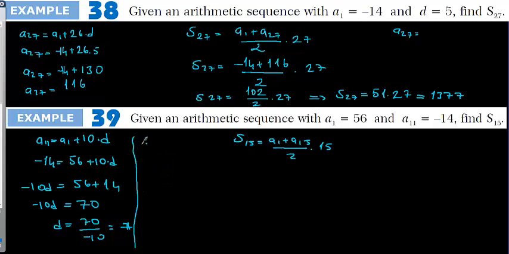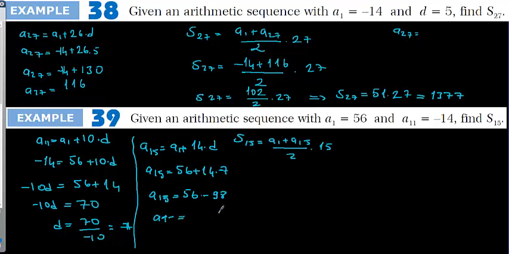Then I'm going to find A15, which is equal to A1, which is 56, plus 14 times D. A15 is equal to 56 plus 14 times minus 7, which is 56 minus 98, and A15 is going to be equal to minus 42.